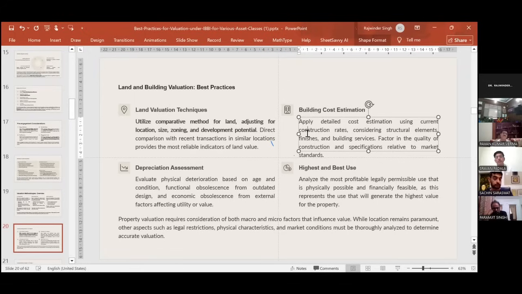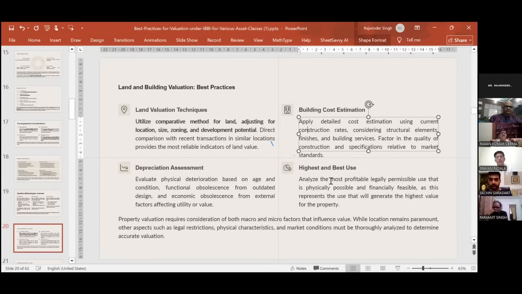After all these things, another important point is the use of the property. In certain conditions, when you are doing a valuation, you might have to use the highest and best use of the property. So analyze the most profitable, legally permissible use.